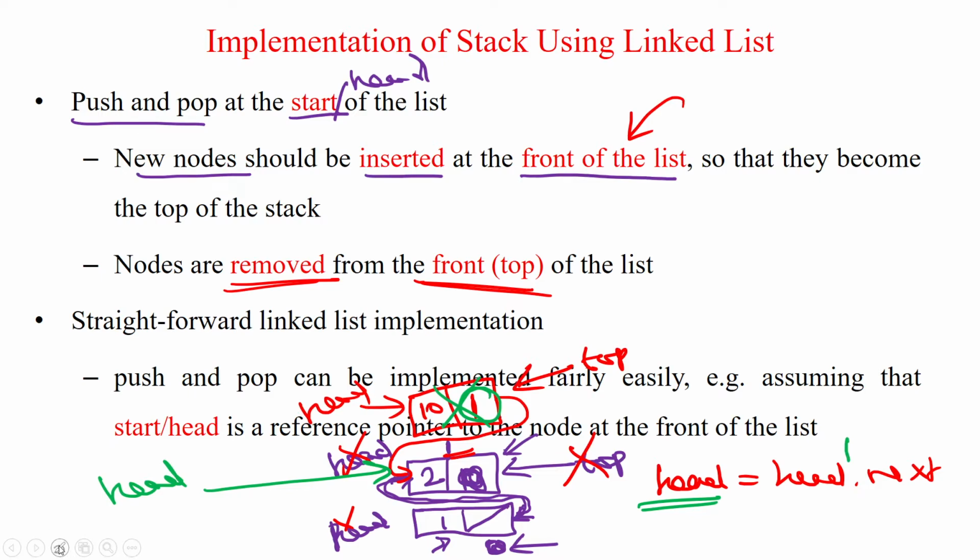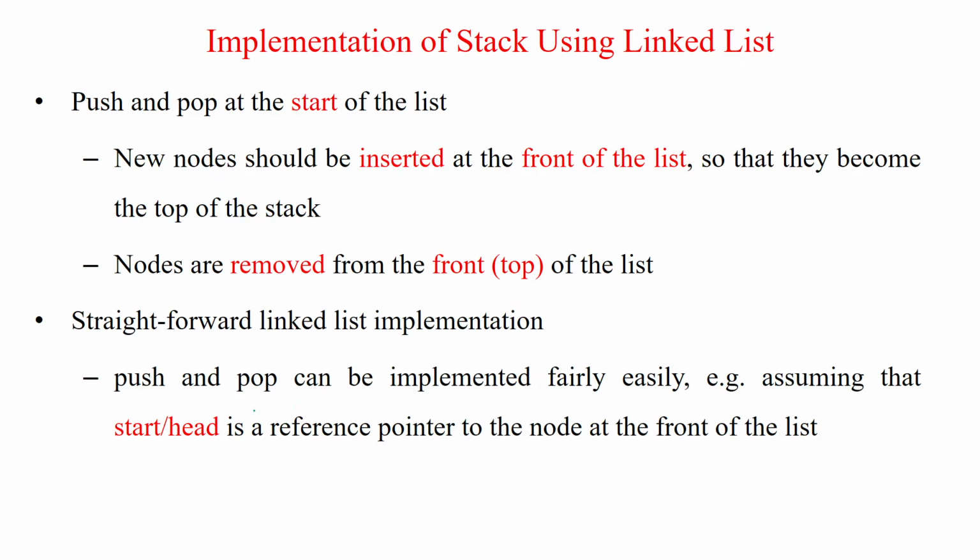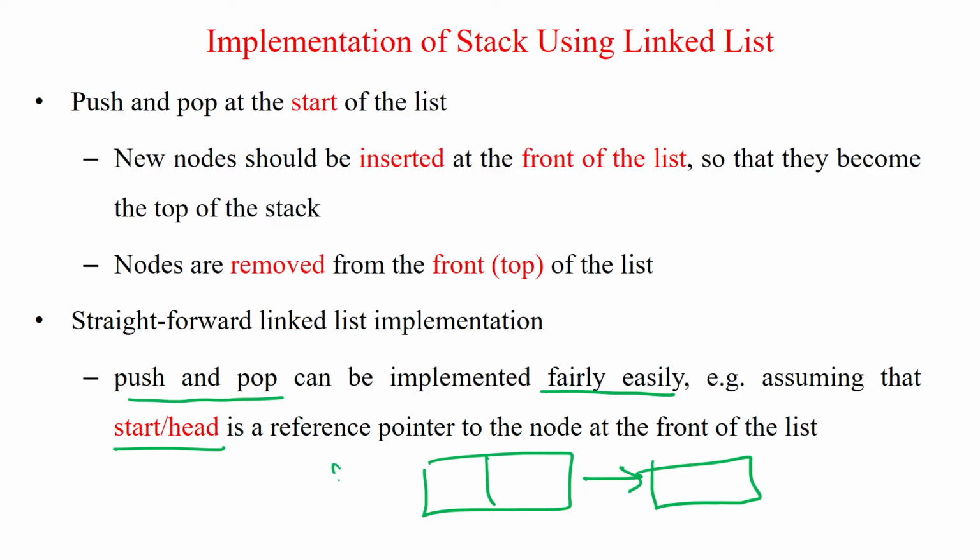So these are the basic operations, and the push and pop operations can be implemented easily because we are using the head pointer. In the linked list we always use the head pointer to represent the first node, which makes it easy to access the first element of the linked list.